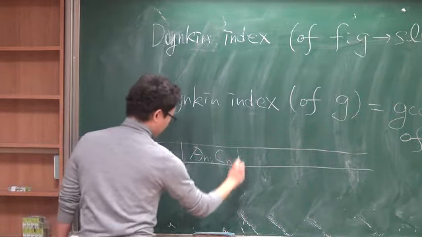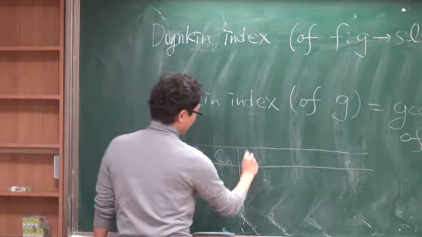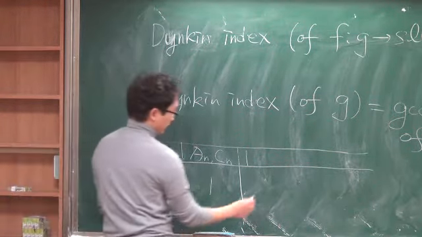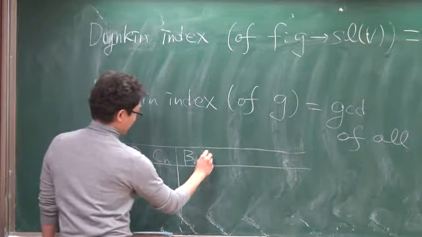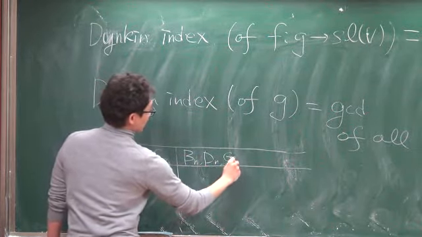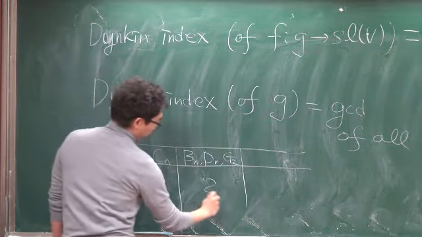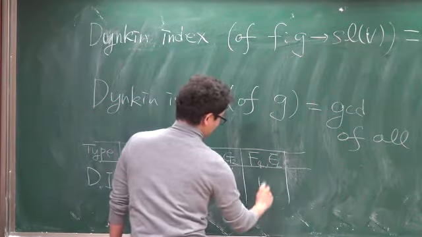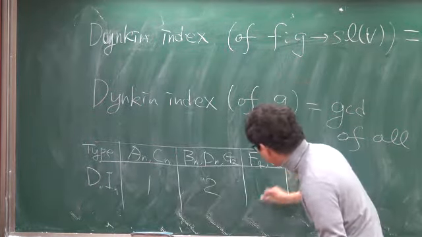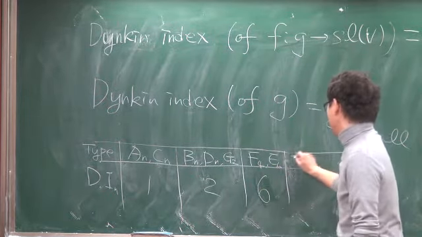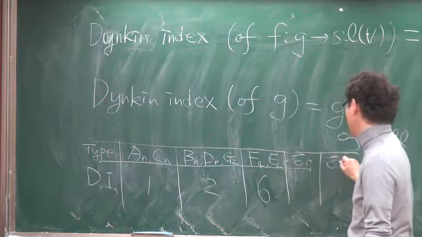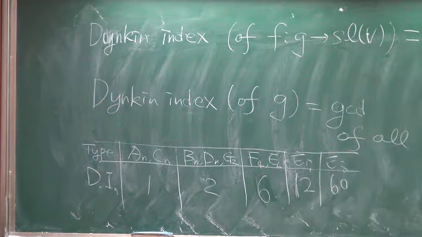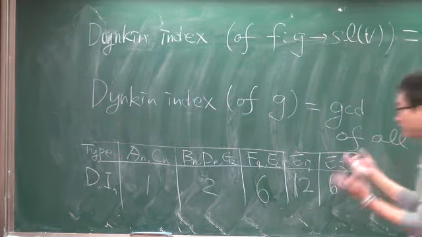If the type is A_n or C_n, the Dynkin index is just 1, and if it is B_n, D_n, or the exceptional group G2, it is 2, and F4 is 6, E6 is 6, I'm sorry, E7, E8 is 12 and 60. And it was already computed by Dynkin.